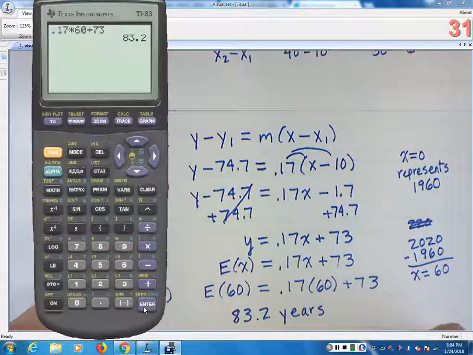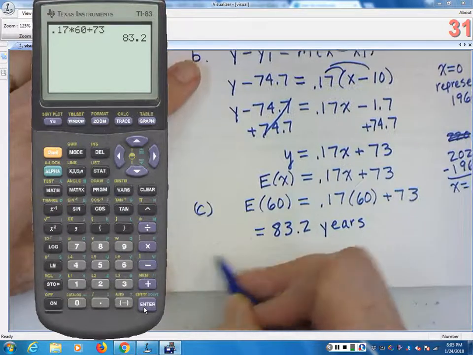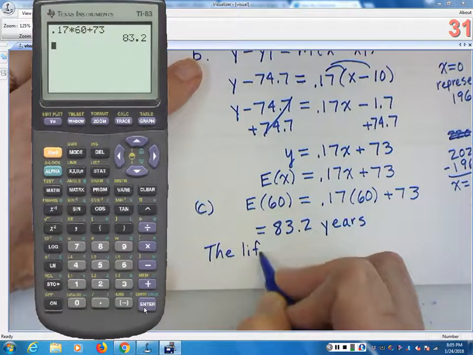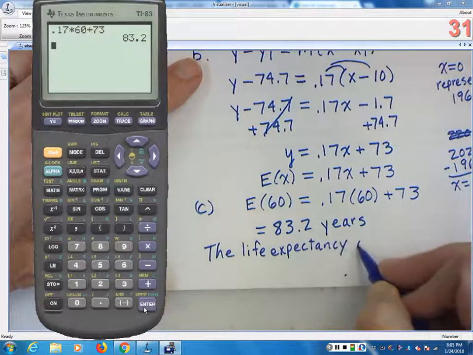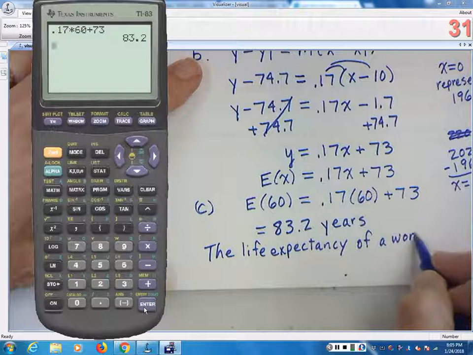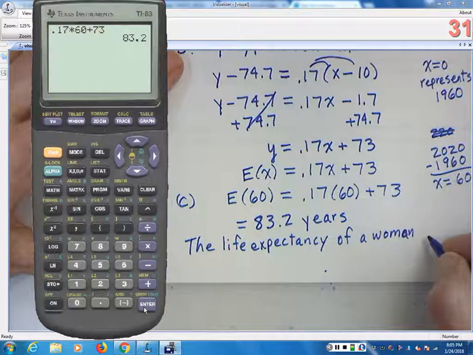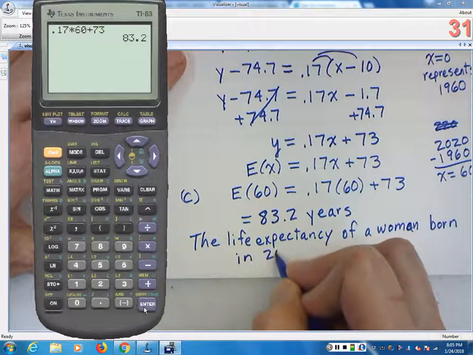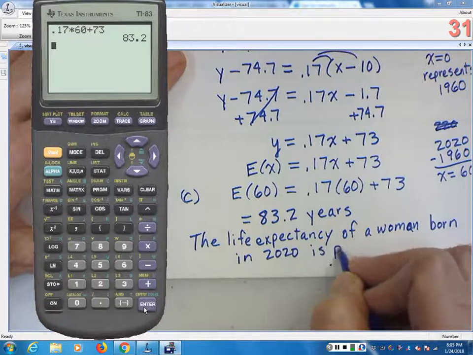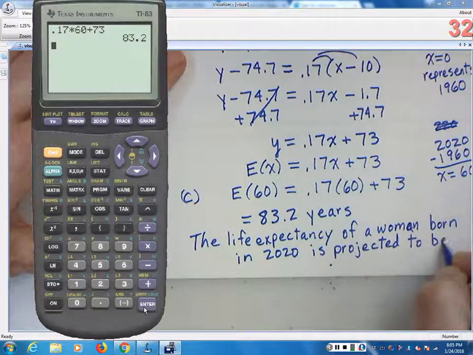So the life expectancy of a woman in 2020 is projected to be 83.2 years.